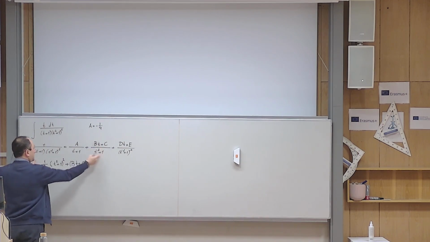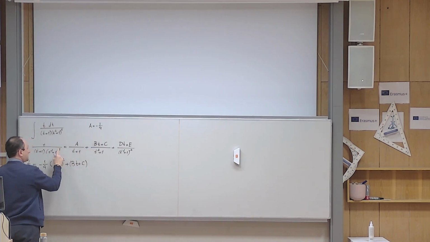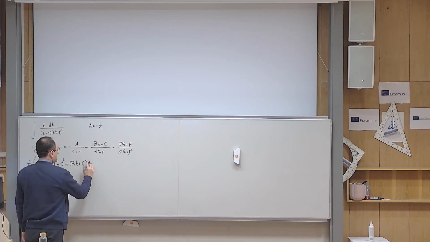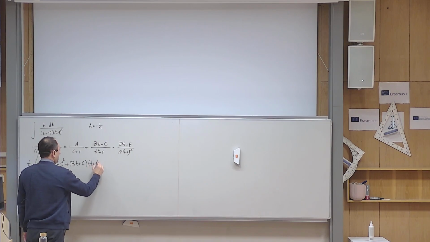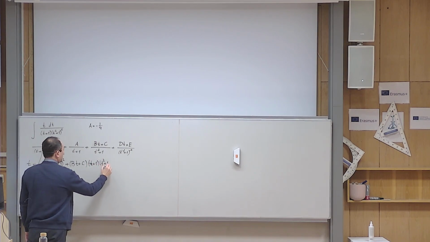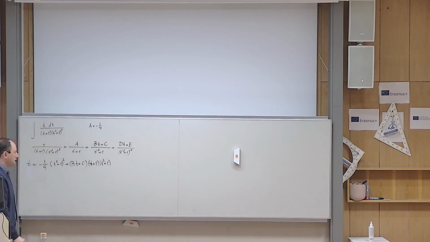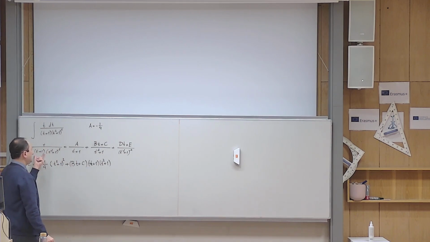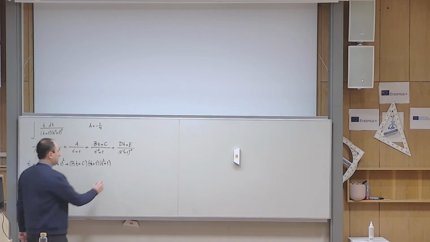When I multiply this by that, this will cancel one of these factors, so these will go into the numerator, and it becomes t plus 1 times another t squared plus 1. The calculation is a little bit lengthy, so we have to be patient here. And then when I multiply this by that, this one and that one are gone, t plus 1 is left, which will be multiplied by the numerator.